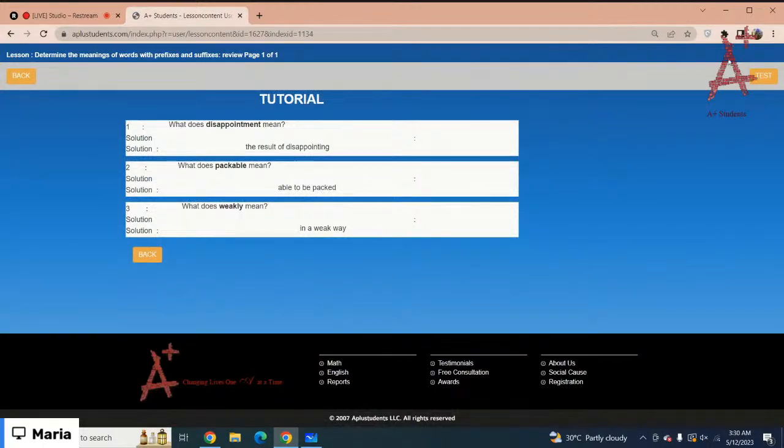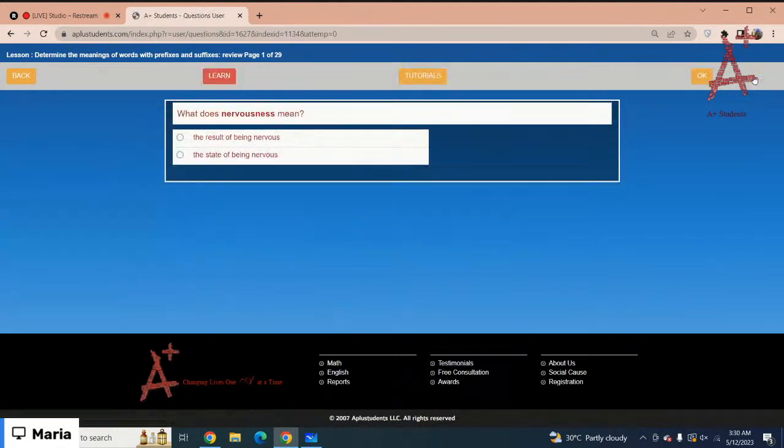Let's start with the test questions. Okay, what does nervousness mean? Which is the correct option? The state of being nervous. Got it? Nervousness means the state of being nervous.